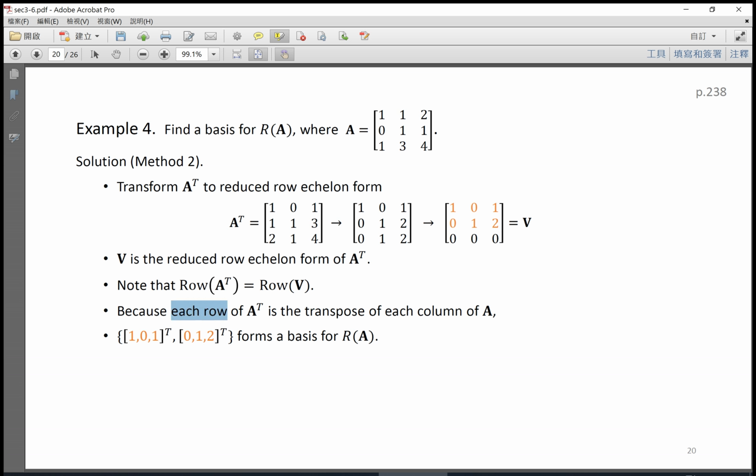Because each row of A transpose is the transpose of each column of A, the transpose of the first two rows of matrix V forms a basis for the column space of A.